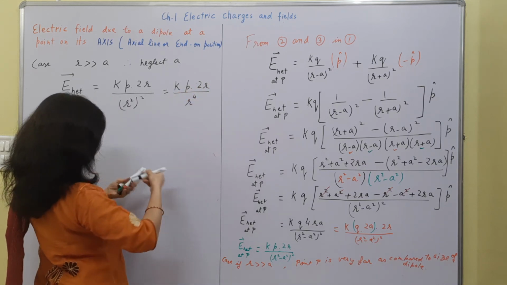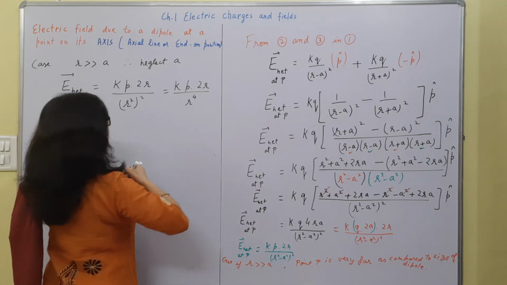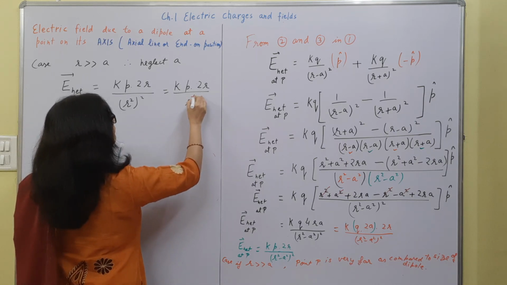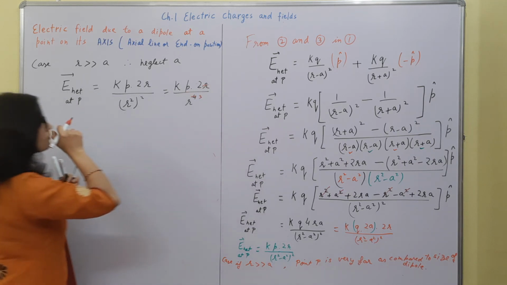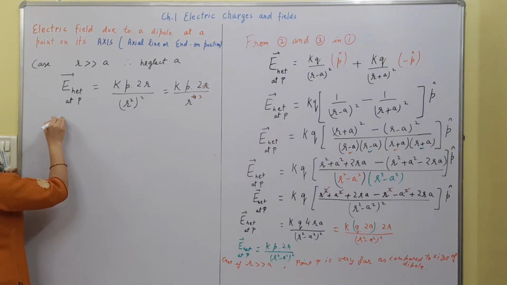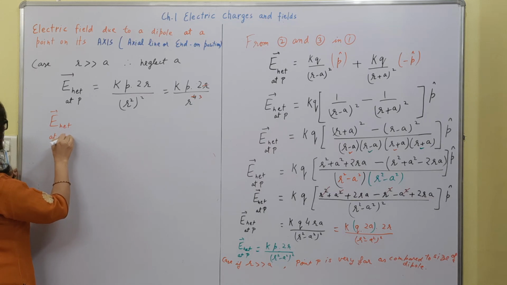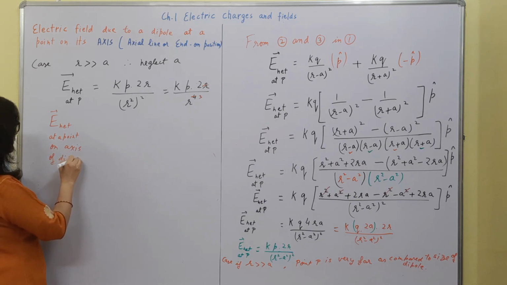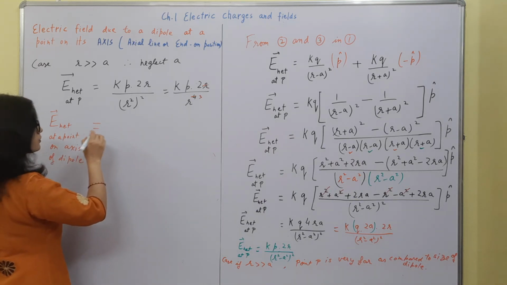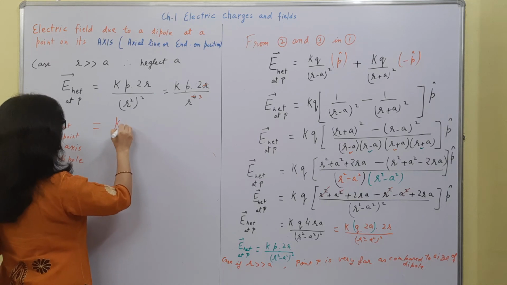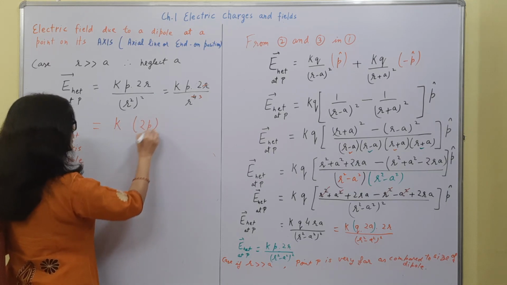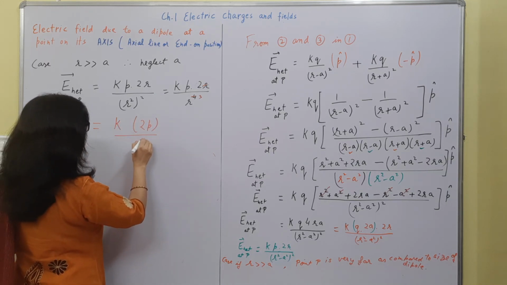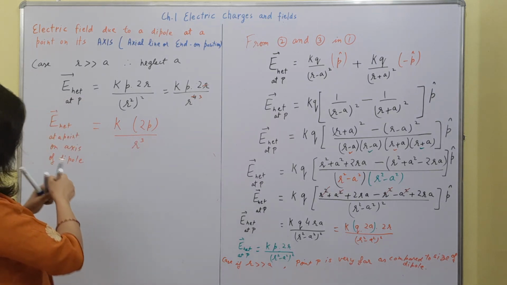So this cancels one power. So this gives me E net at a point on the axis of the dipole. This is equal to K into 2P upon R cube. And where is our direction?